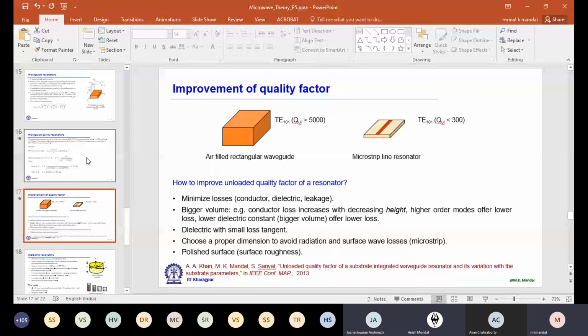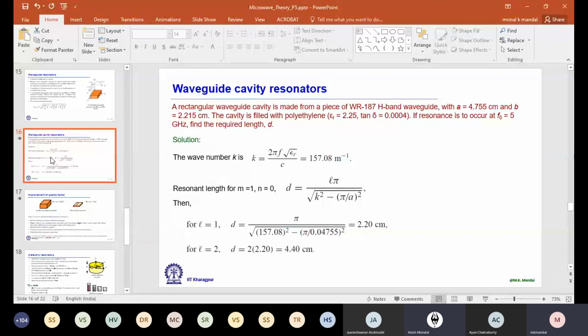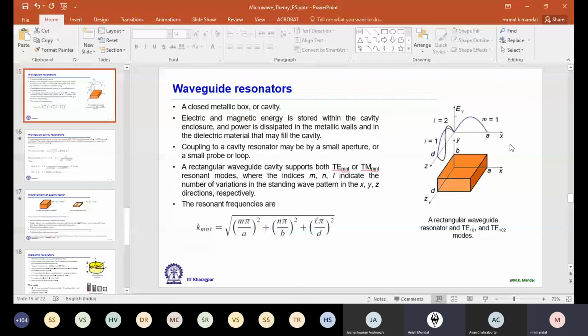So like in the previous example, for the solved question, for a given waveguide, it has fixed dimensions, right? Yes. So D will be constant, the dimension will be constant. No, D is the length actually. You look at this figure. So A and B are given. If you use WR90, for example, for X band application, then A is 0.9 inch, B is 0.4 inch, that is given.